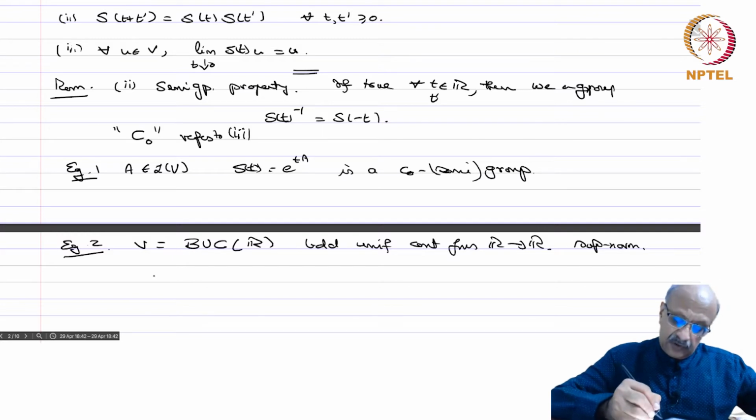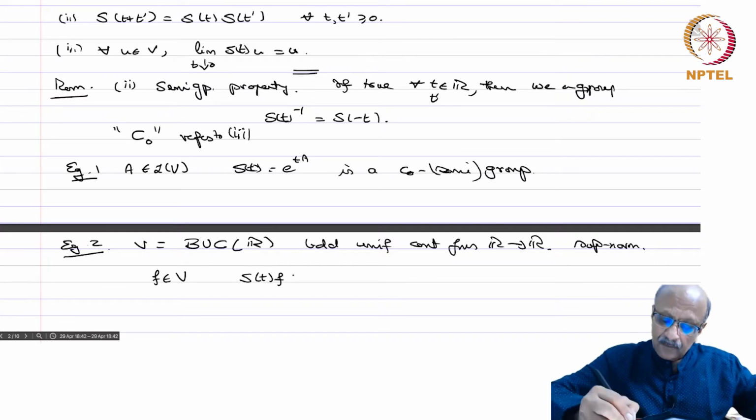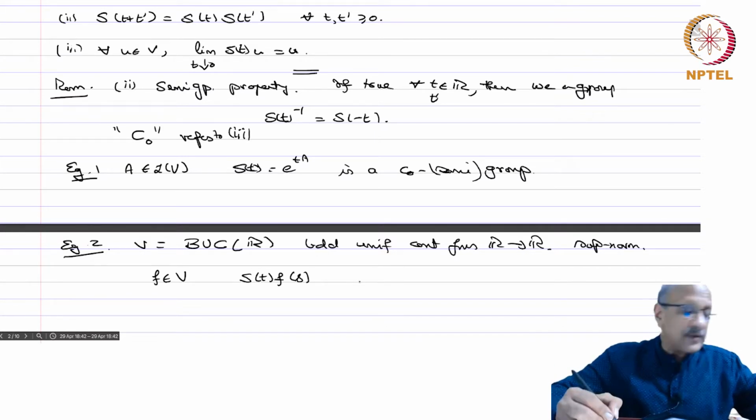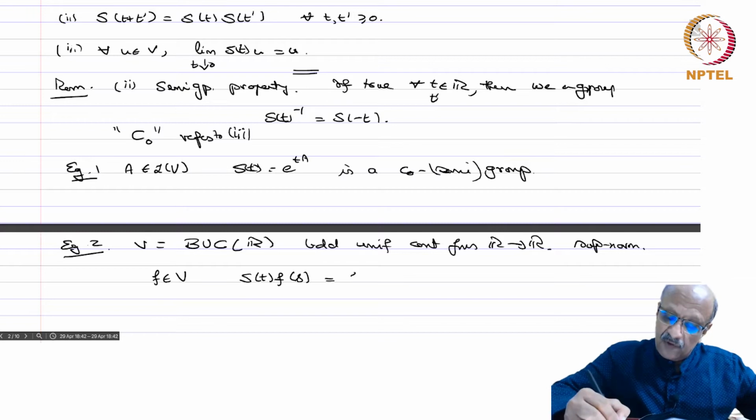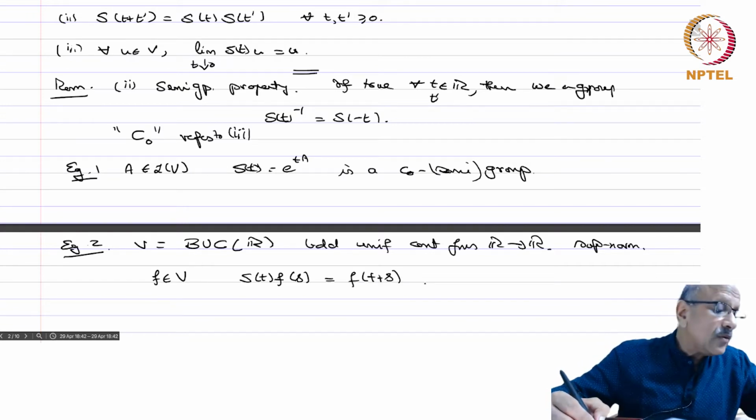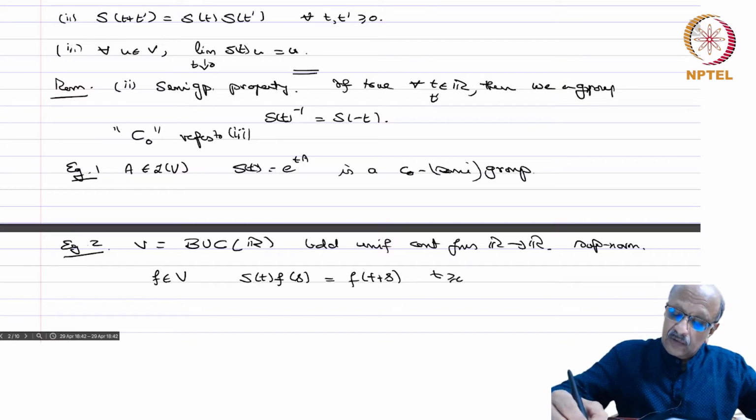And then for f in V, we define S(t)f. So this must again be a member of V. If you put it as s, then this will be f(t plus s). Okay, so this is for all t greater or equal to 0, s in R.